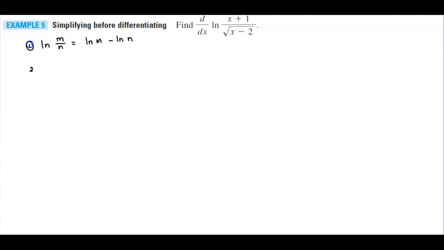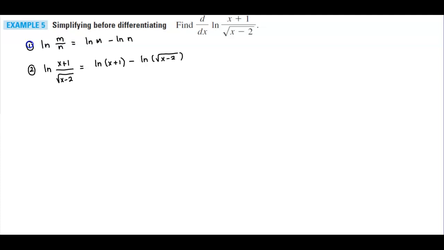So in our example, we have the natural log of (x + 1) divided by the square root of (x - 2), which is going to equal the natural log of (x + 1) minus the natural log of the square root of (x - 2).